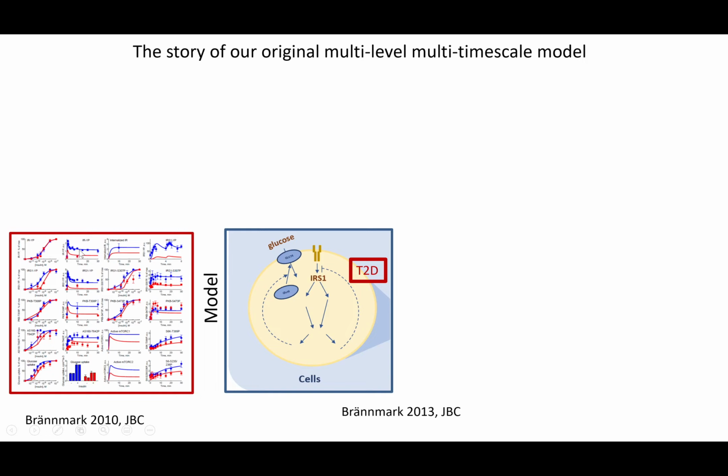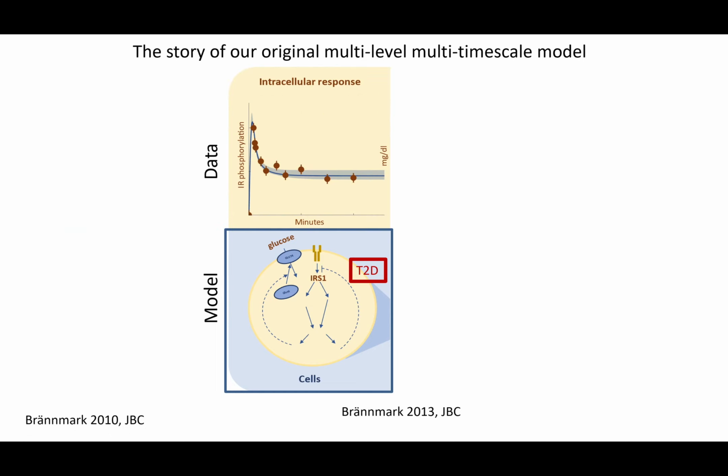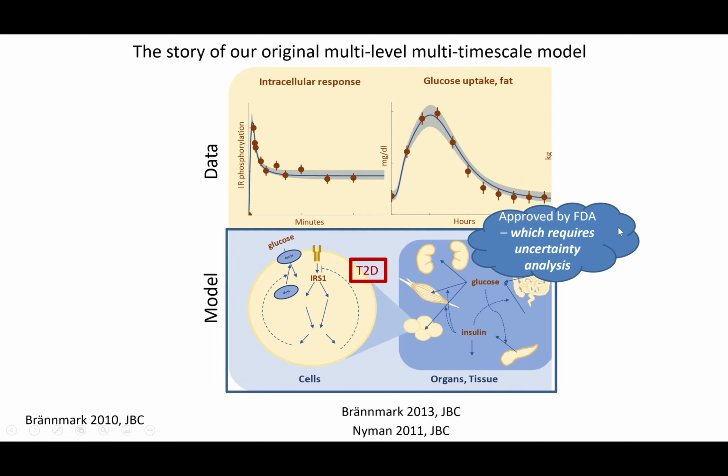Here again, diabetes and healthy controls, data and simulations. Same interpretation as before. So let's just say one of those intracellular responses and see that this model is part of a multi-level model that describes organ-organ crosstalk. And this particular model is actually approved by the FDA.